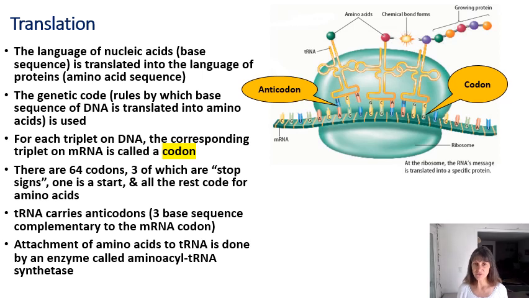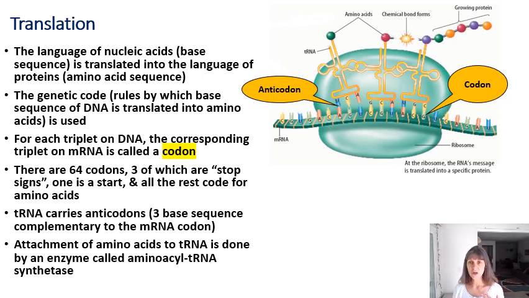There are 64 codons, 3 of which are referred to as stop codons because they stop the process of producing a protein, one of which is called a start codon and can also code for the amino acid methionine.